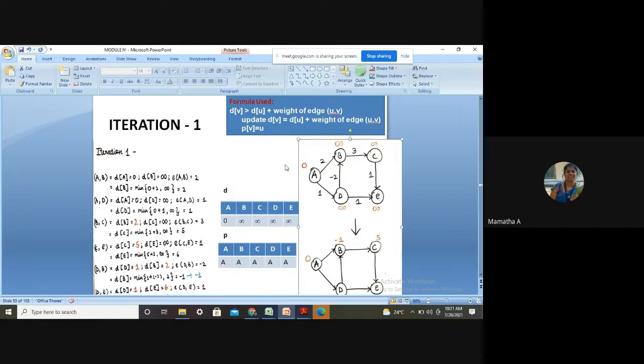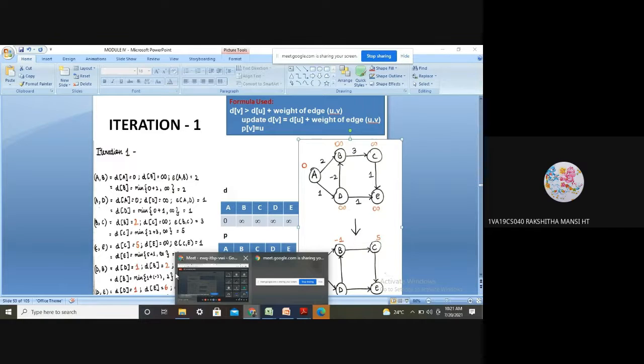So just look at iteration 1. Take the first edge, A comma B. What is U in this case? What is U here?